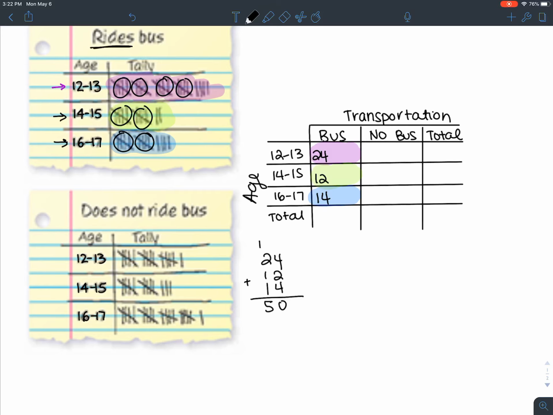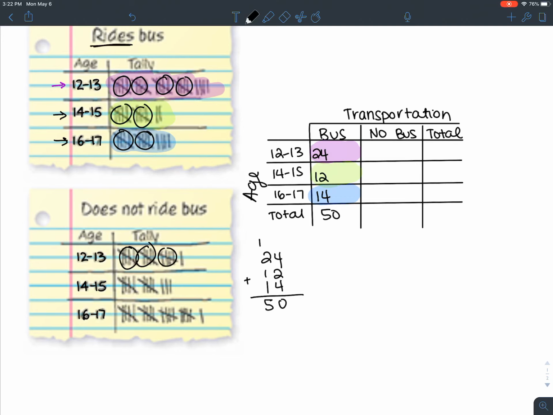I'm sorry. 50. Okay, so for the no bus, we've got 1, 2, 3, that's 15, plus 1 is 16. 5, 10, 13. 5, 10, 15, 21. And again, 16 plus 13 plus 21 is 50 as well. So we have a total of 100 people that we surveyed.